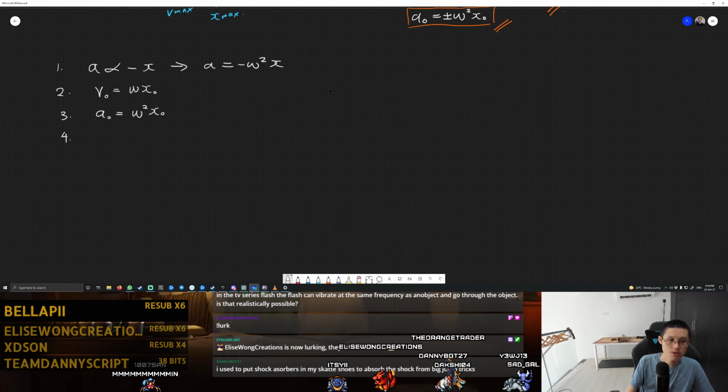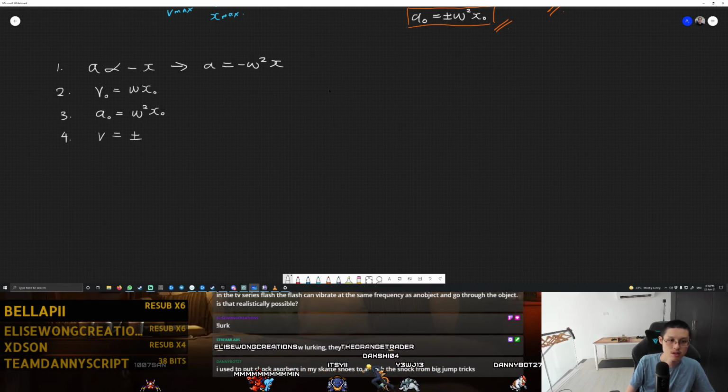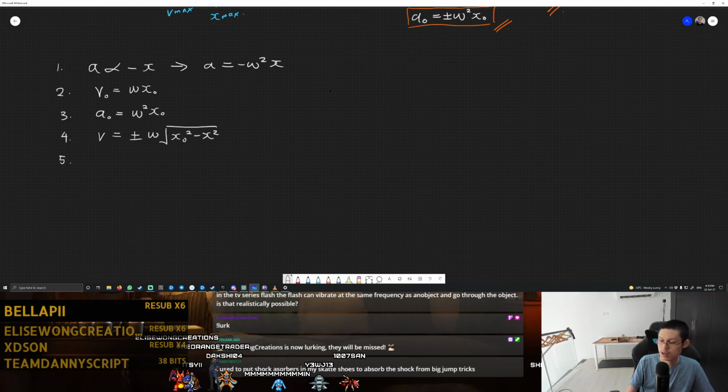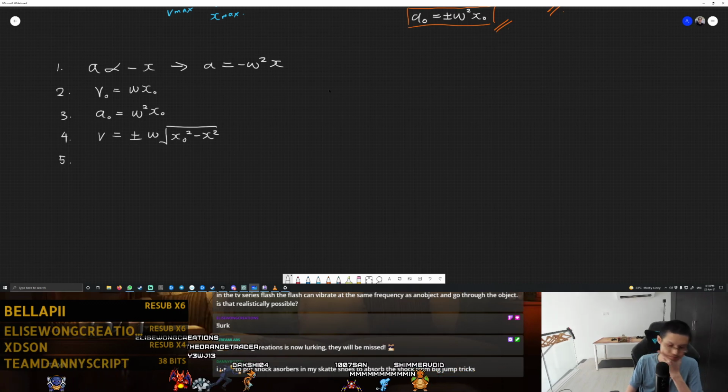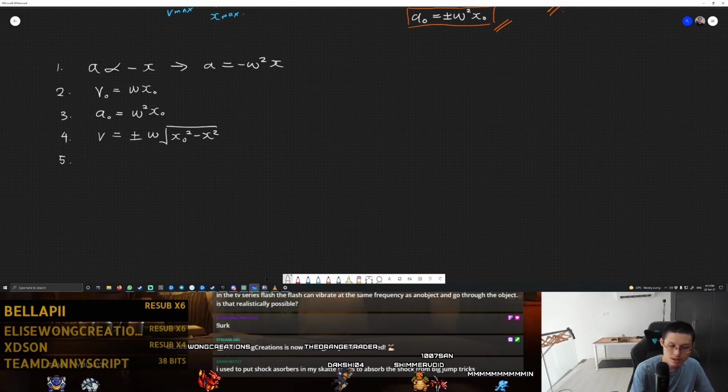You should also know that the velocity is related to the displacement via this equation. What else do we know? What other equations do we have?